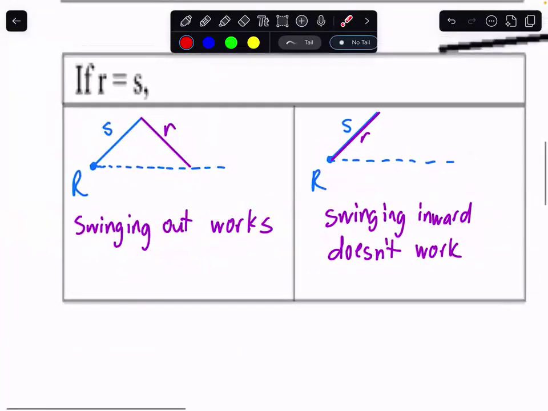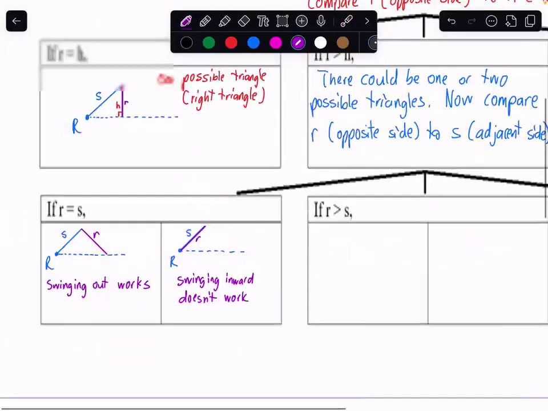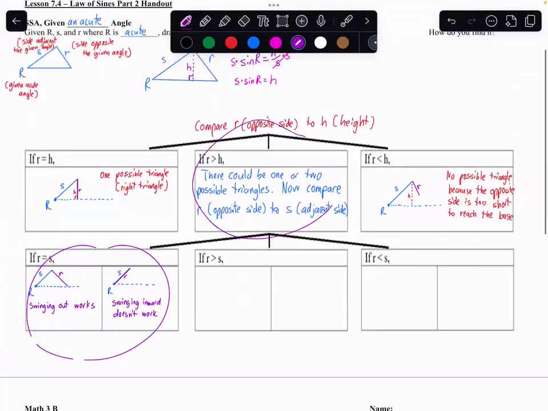So here's our summary. To get to this path, remember we first had to come here.